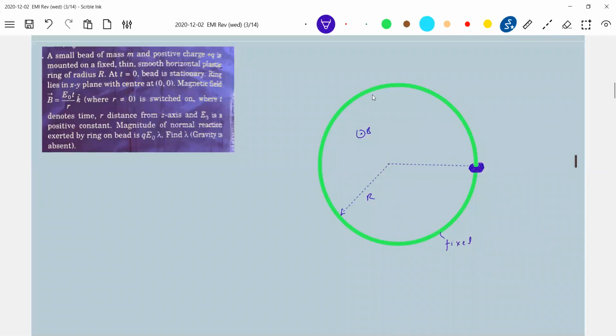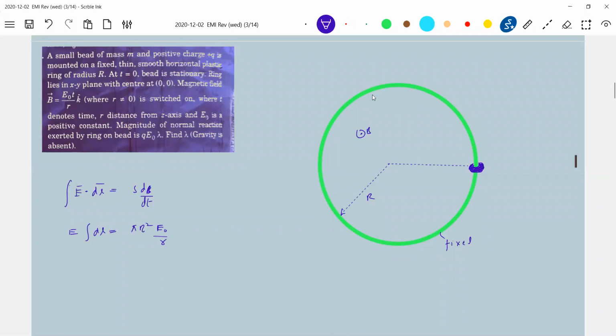We should look at the induced electric field idea, because B is varying. Bring in the idea of induced electric field. So according to the formula, the integral of E bar dot dl is equal to minus dB by dt times area.